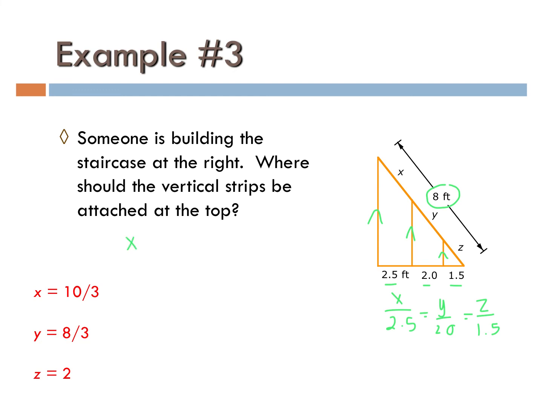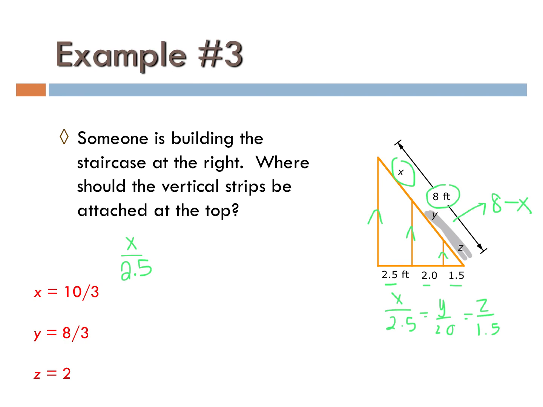So I'm going to write X over 2.5. And now I'm going to rename this segment here. I'm not going to use Y and X. I'm going to use the fact that the entire thing was 8 and I already took up X of it here. That would make this entire segment 8 minus X. This whole thing is 8 minus the X that I already used.